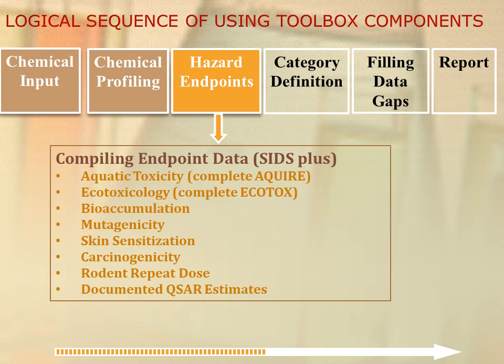We have Ecotox for the mammalian and some of the other species that would be involved in ecotox development. Bioaccumulation data, mutagenicity data, skin sensitization, carcinogenicity, the rodent repeat dose assays, and then also documented QSAR estimates that have already been done prior to your turning on the computer.